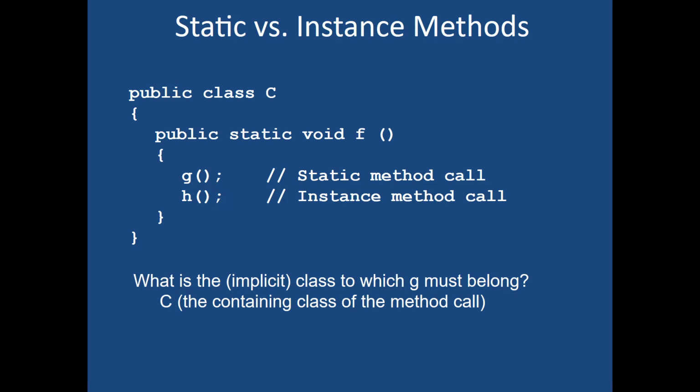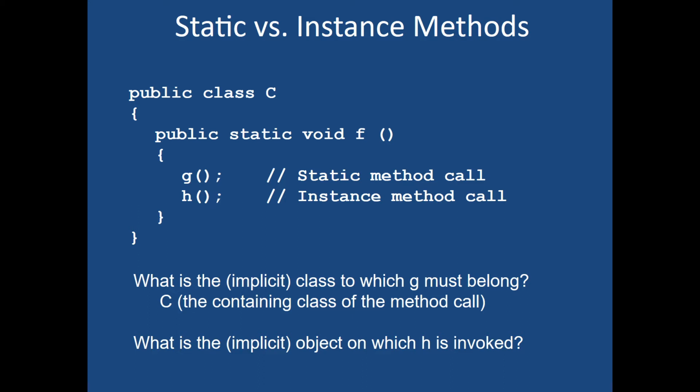Now what about that H there? No object was provided, it doesn't say what object we're invoking H on. So what'll happen? Yeah. This is a good guess, but there's a problem. This refers to the object on which the method was invoked. On what object was f invoked?